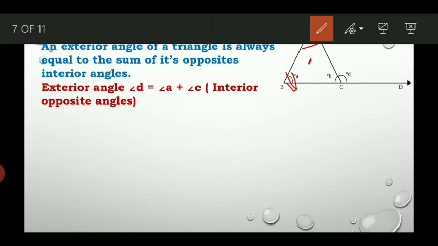So this plus this is equal to this, because these are the opposite interior angles of this particular exterior angle.